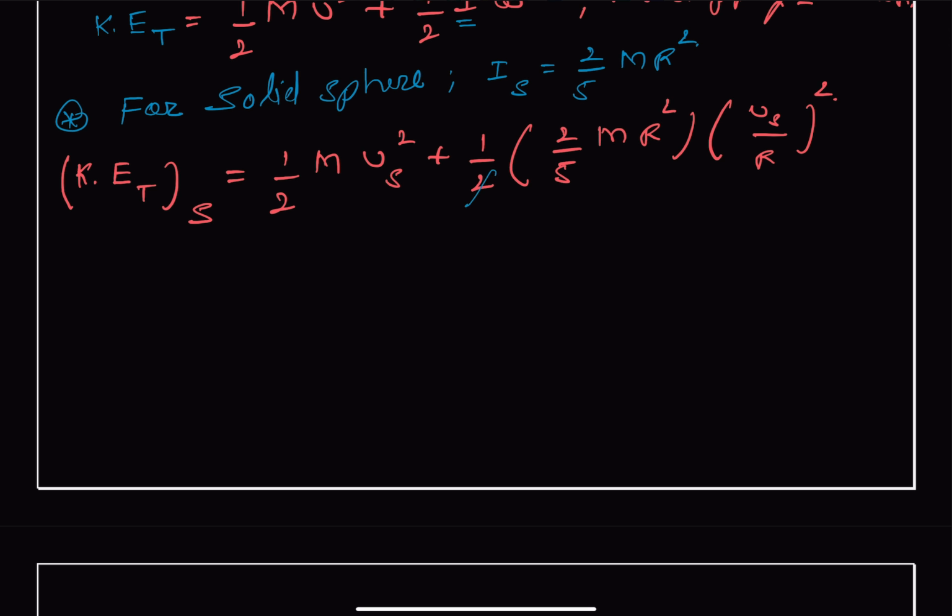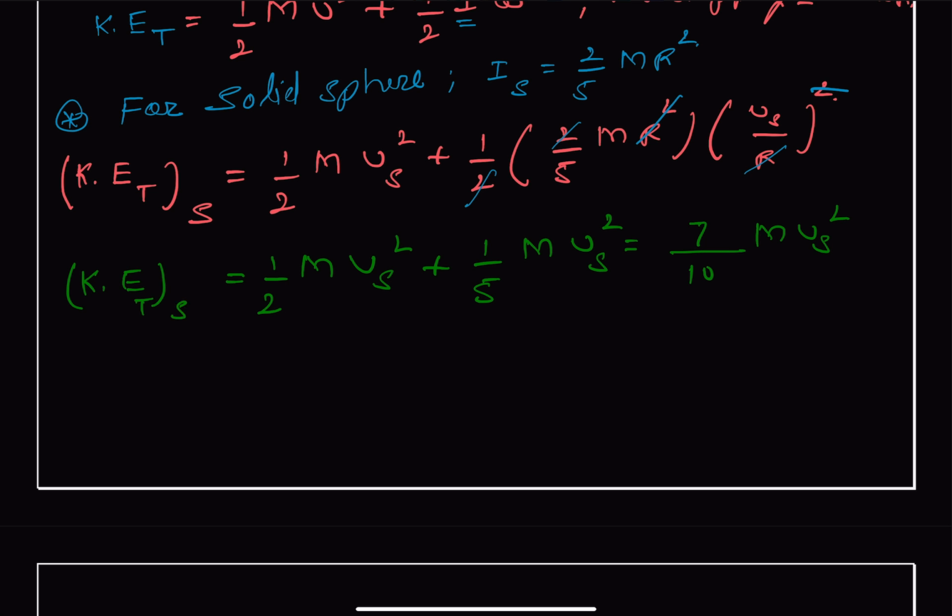Here the 2 cancels with the 2, and the r square cancels the r square. So we get half m vs square plus 1 by 5 m vs square. The LCM is 10, so this becomes 7 by 10 m vs square. This is the total kinetic energy of the solid sphere.